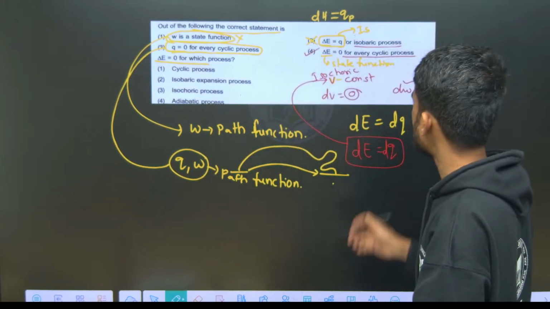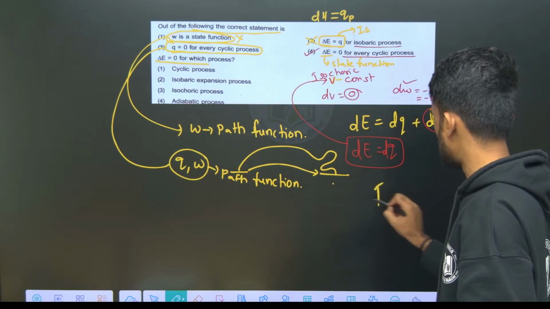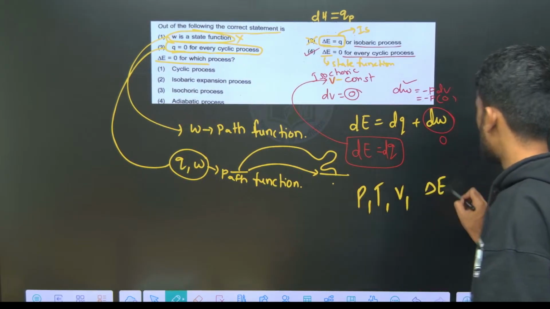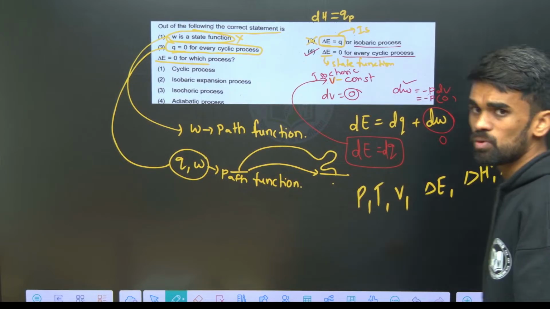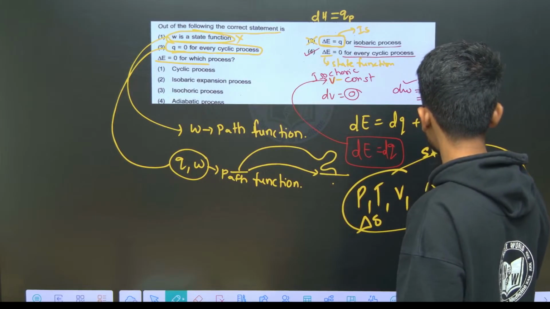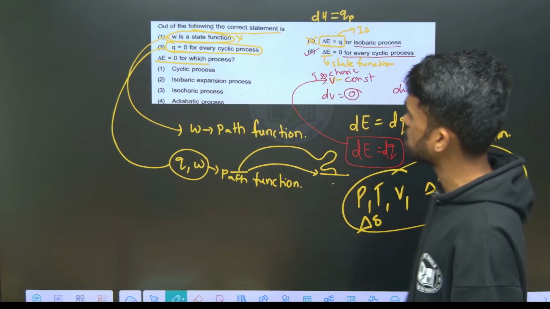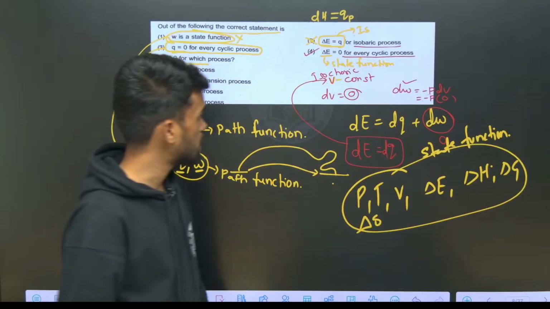Examples of state functions are pressure, temperature, volume, internal energy, enthalpy, Gibbs free energy and entropy. They will ask which of the following is a state function. For path functions, remember heat and work.